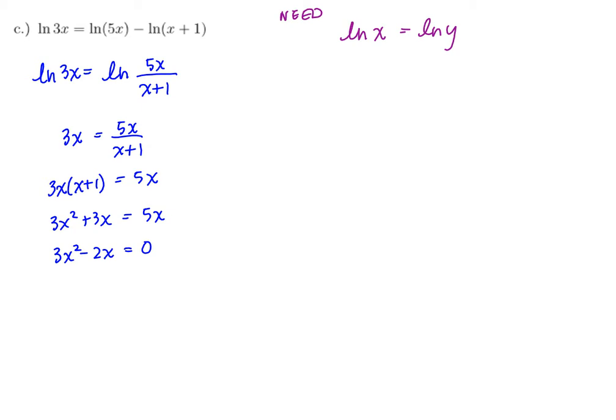Factor out the x: x times 3x minus 2 equals 0, so x should be 0 or 2/3.